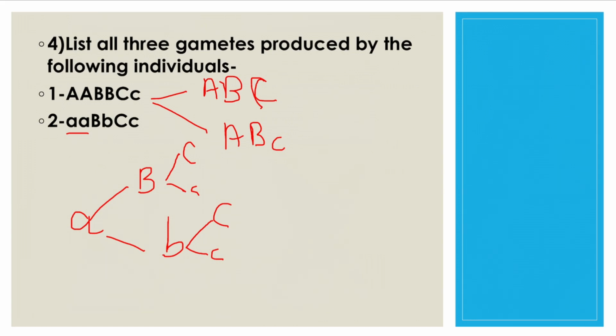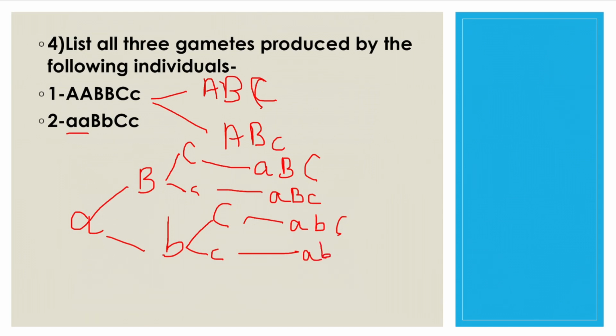See, you can write it like this: small a, capital B, capital C. For this you will write small a, capital B, small c. From this small b you will write small a, small b, capital C. For this you will write small a, small b, small c.